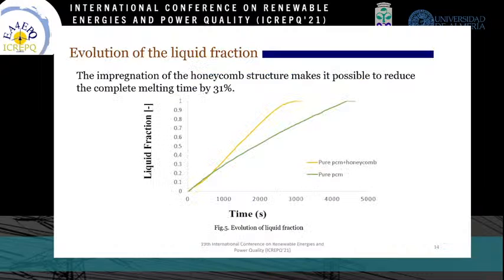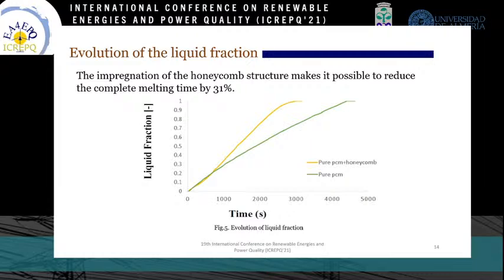The liquid fraction is a typical dimensionless parameter that characterizes the charging characteristics of a latent heat storage unit. This figure depicts the variation of liquid fraction for icosane in a rectangular enclosure, with and without honeycomb structure, during the melting process.